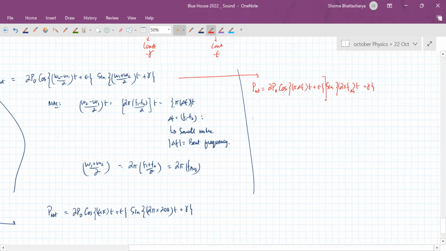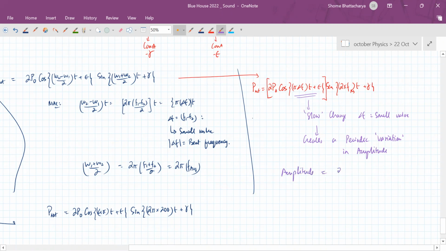What we do is we understand that this term here is a slow change because delta f is small in value. So what it does is this creates a periodic variation in amplitude. So we take the amplitude of the wave as 2p naught cos pi delta f.